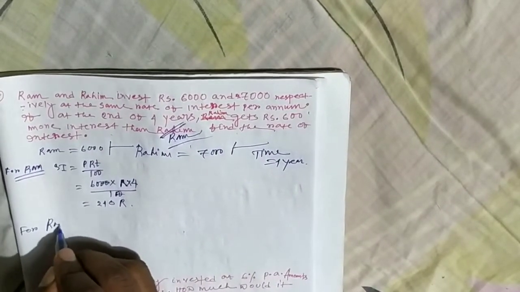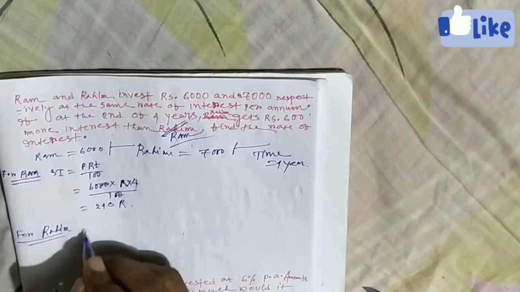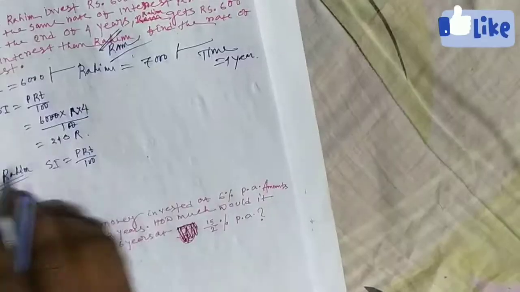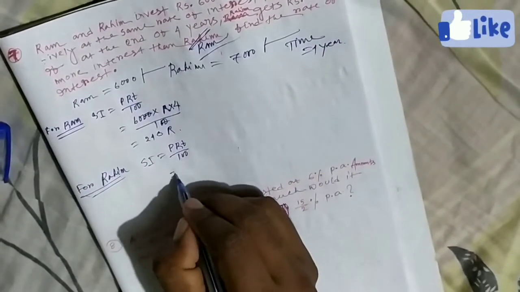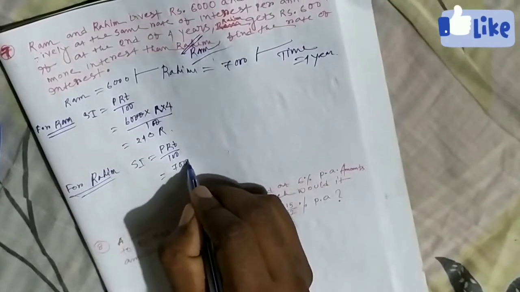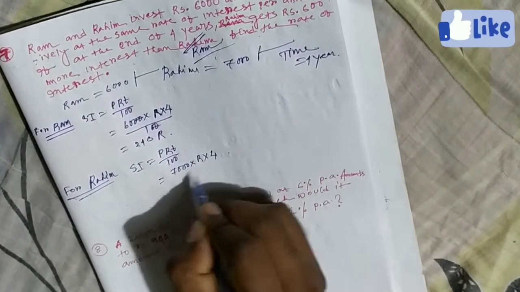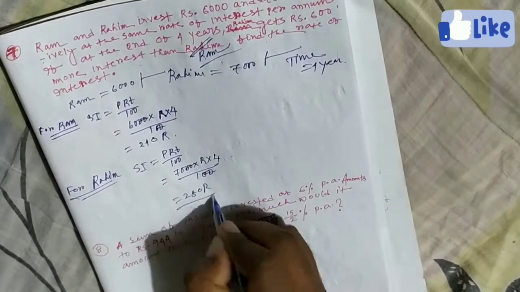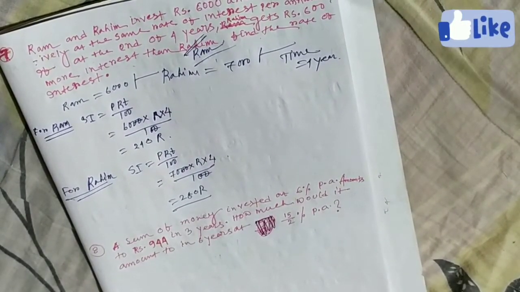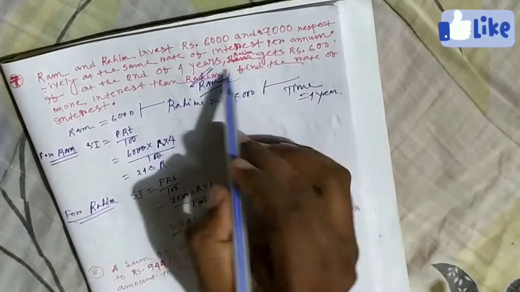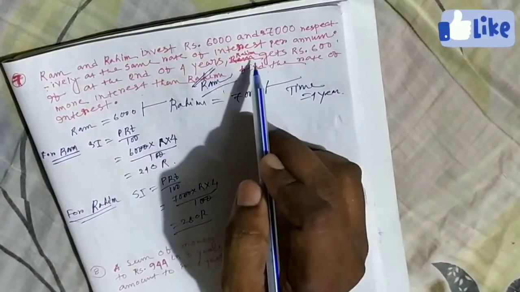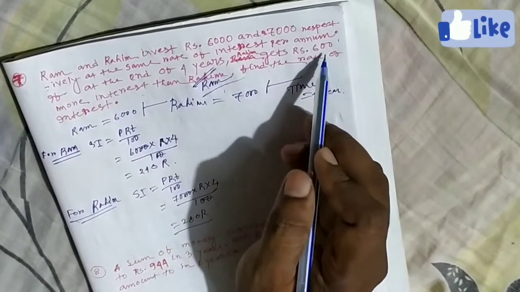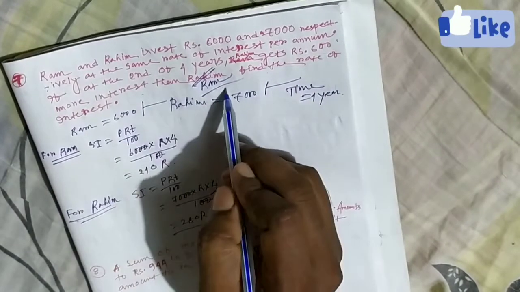For Rahim, SI is equal to PRT by 100. P is equal to 7000 into R into 4 by 100, 280 R. And next, after 4 years, Rahim gets rupees 600 more interest than Ram.